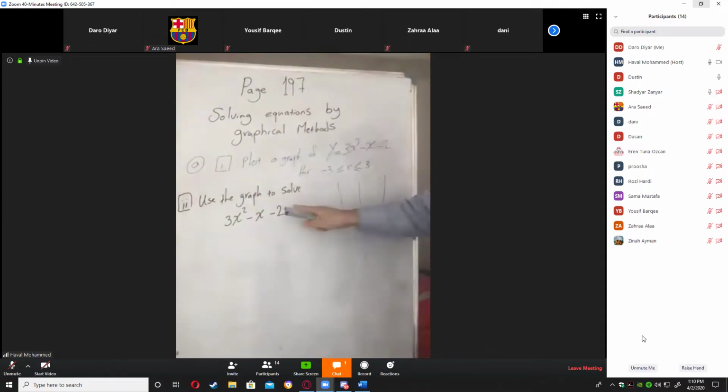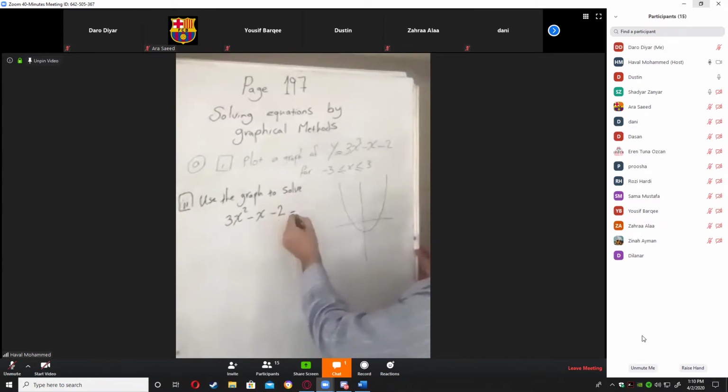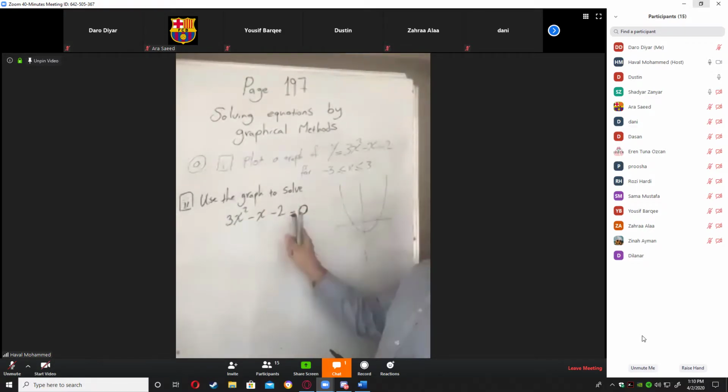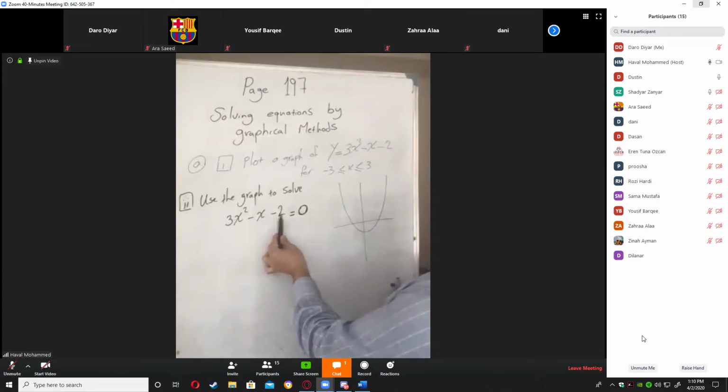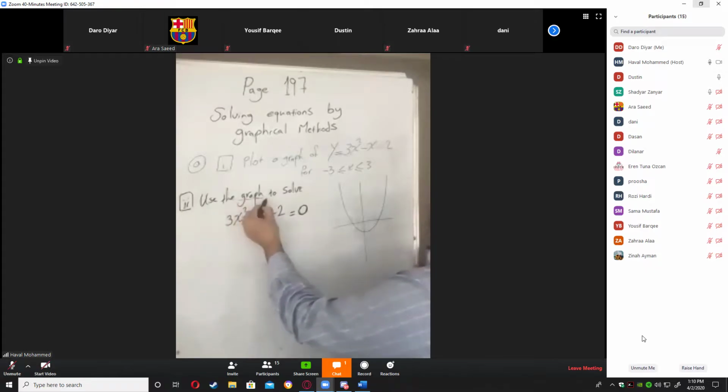Make a note. When we have it as it is, it's an expression only. When we have an equal, it makes it an equation. And when we have equal to 0, it means automatically you need to solve it, even if they don't mention it. But solve it how? Using the graph.